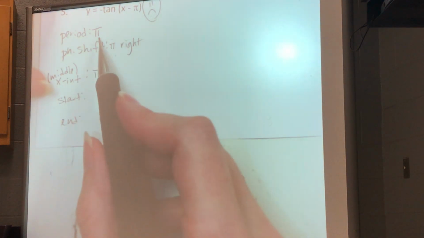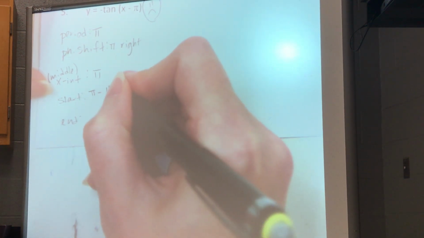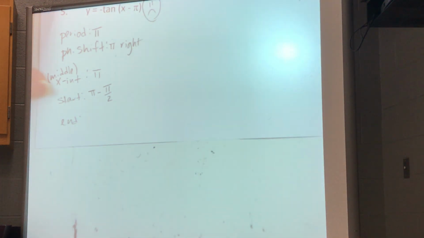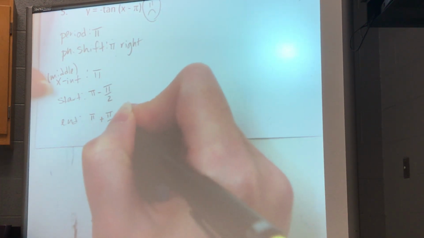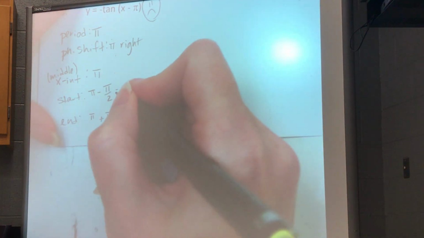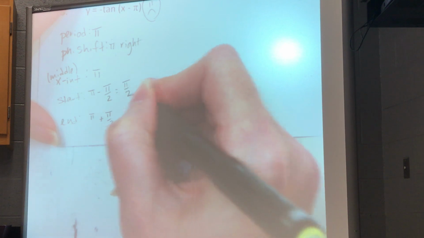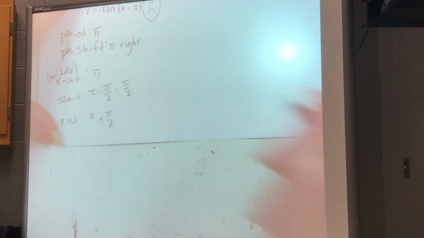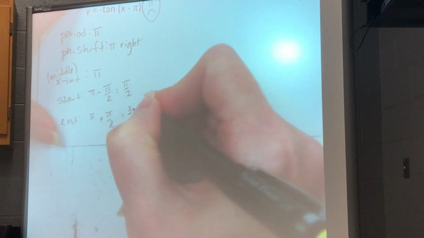Half of our period is pi over 2. So we're going to take pi and subtract that for the left side, and then take pi and add that for the right side. So pi minus half a pi is half a pi, and then pi plus half is 3 pi over 2.